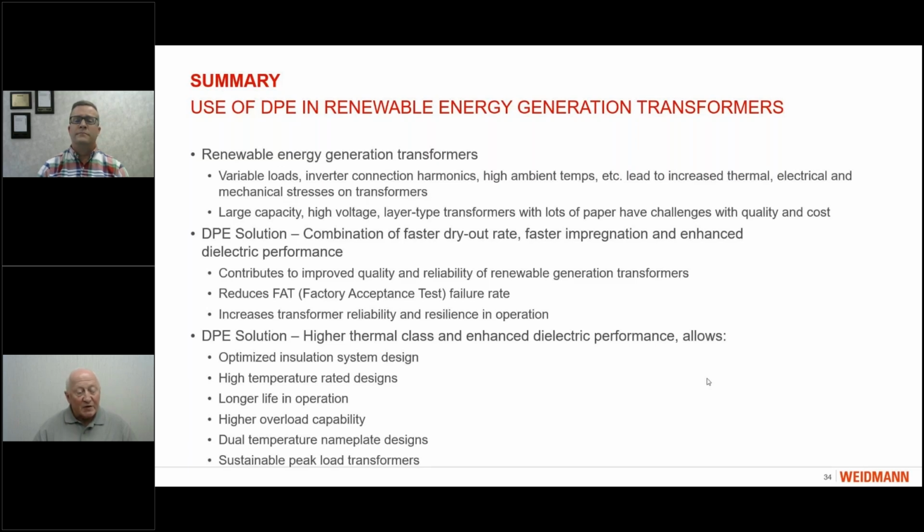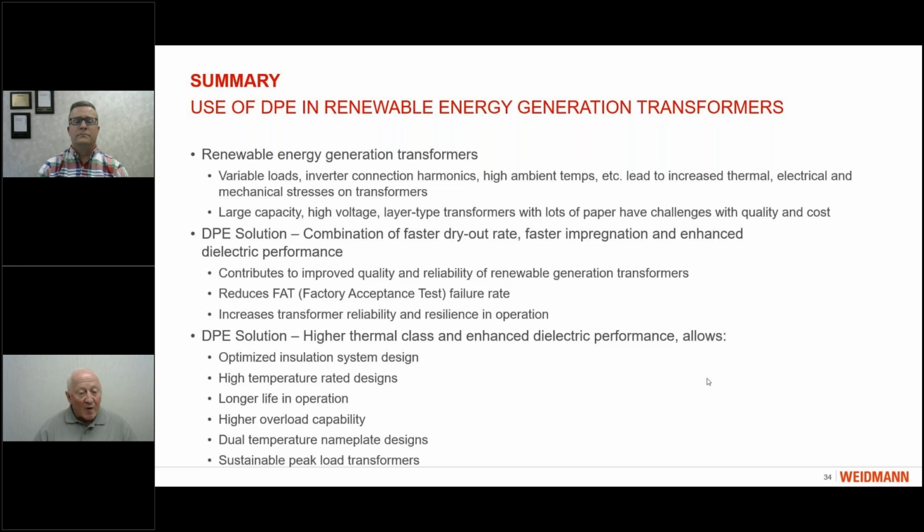Then we said that these transformers become larger and have higher and higher voltages, and because they are layer type, they have a lot of paper, and it creates some challenges in production, quality, and cost of such transformers.